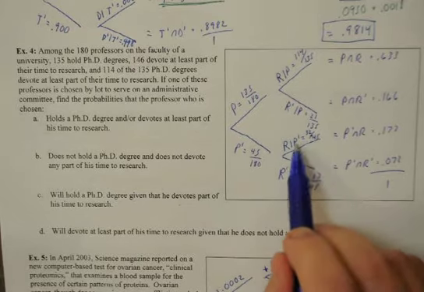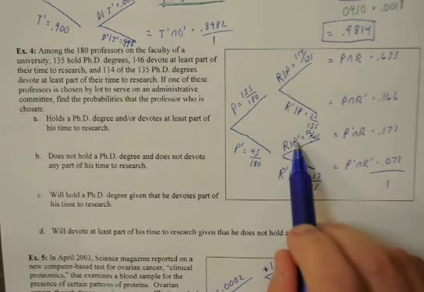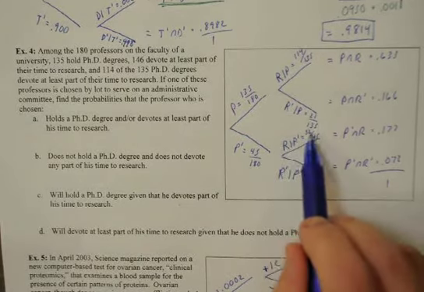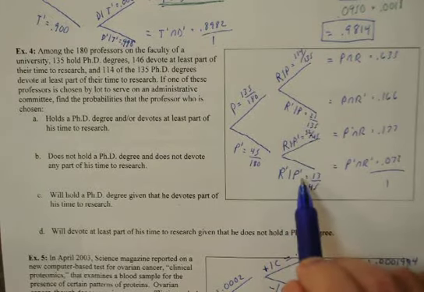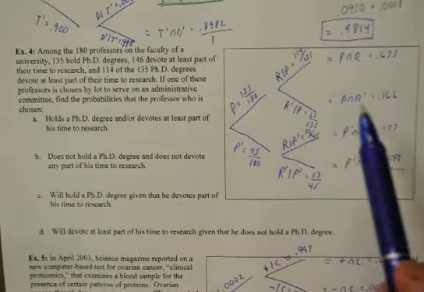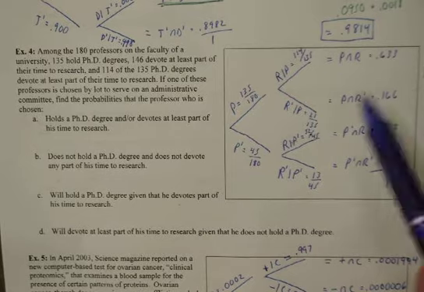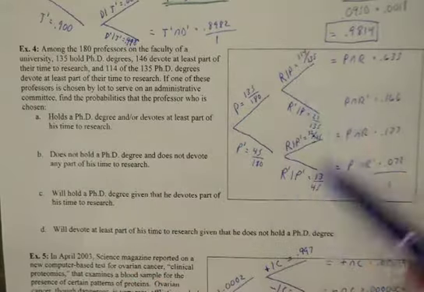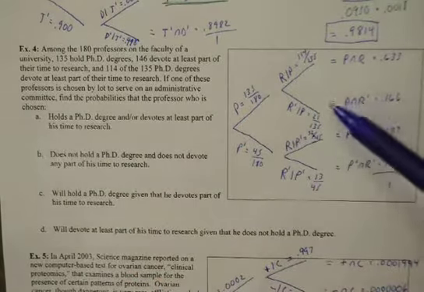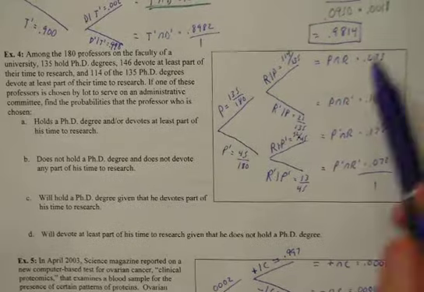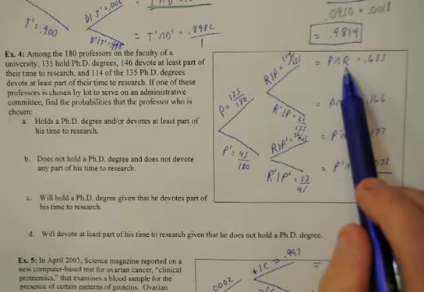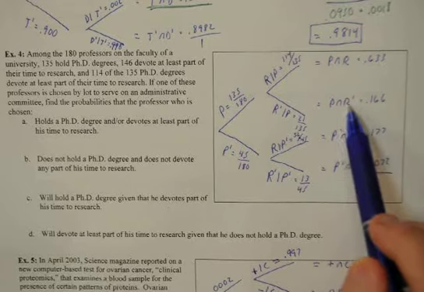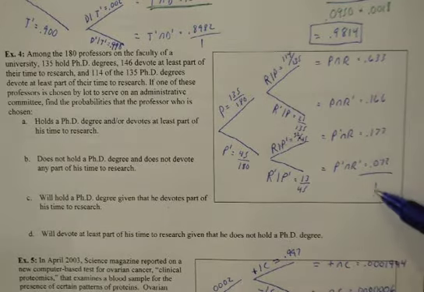This is 32, so given you do not have a PhD, the probability that you do research is 32 out of 45. Maybe I forgot to put that in the problem, or maybe I'm just reading something wrong. Anyway, here's the chart, so you can copy this down, pause the video. This is PhD and research, PhD and not research. These all add up to 1.